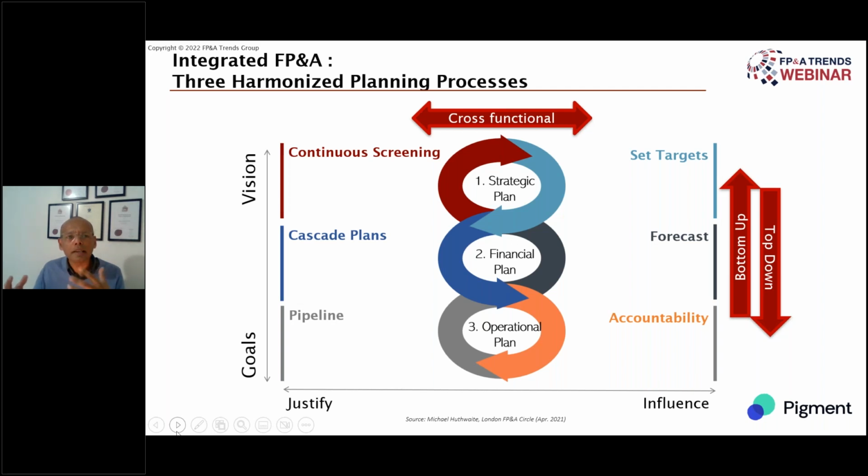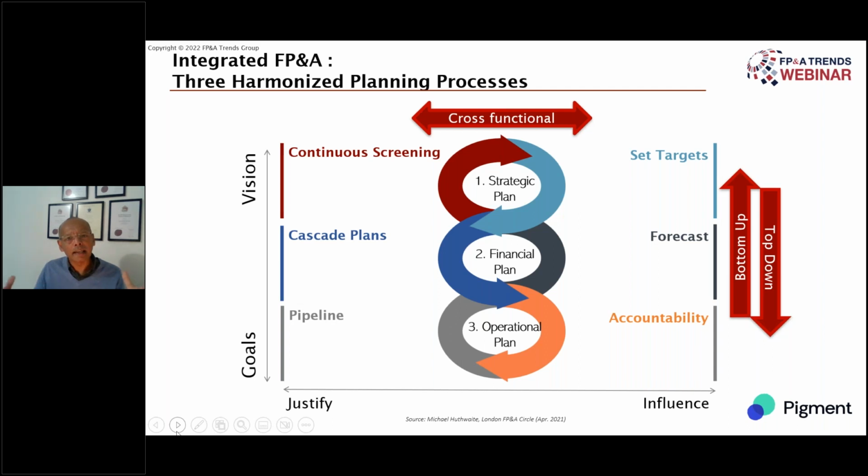So harmonizing the three planning processes is an absolute must. And what are those planning processes? The strategic plan, the financial plan, and the operational plan. They need to be harmonized. They need to be talking to each other, and they need to have links to each other. This is where, when you're doing bottom-up and top-down planning, you don't have any major gap.